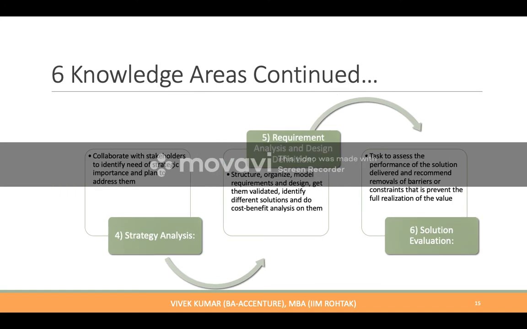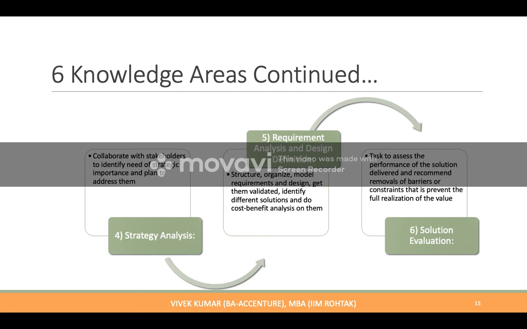After that, we have the strategy analysis. Now, strategy is again the overall goal of the project. A business analyst needs to collaborate with the stakeholders to identify what is the strategic goal for this particular project. As I said before, it can be anything.